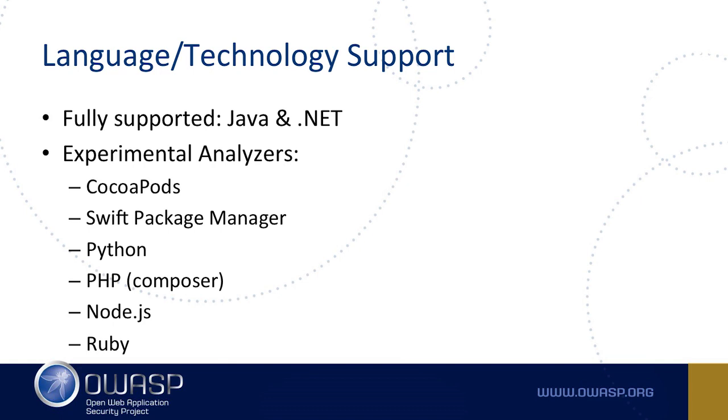There is another related project called retire.js. The people I know that are using Dependency-Check are usually using it in combination with retire.js, because retire.js does help identify some of the vulnerable JavaScript libraries. I can't believe I forgot to put that in the slides.